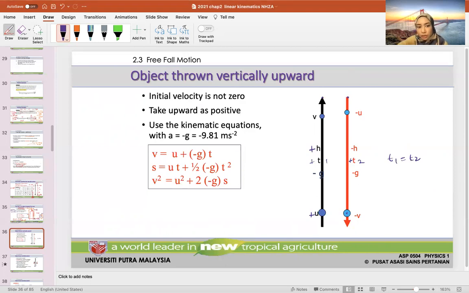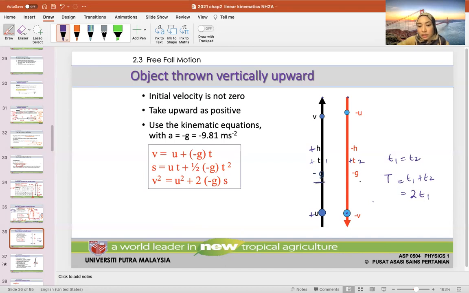So T1 equals T2. The total duration of the projectile, of the free fall motion, is T1 plus T2 or 2T1. This is the total time taken for the ball to go up and come back to my hand. So it's 2T1, or just capital T.